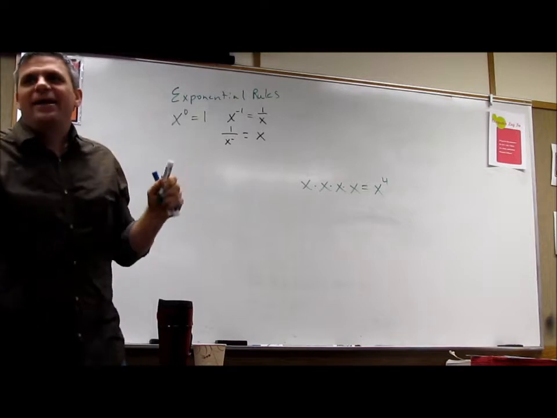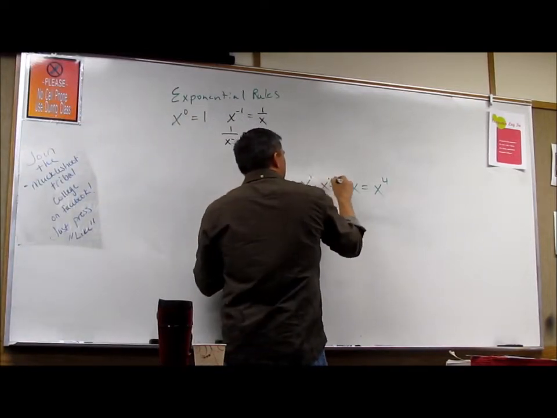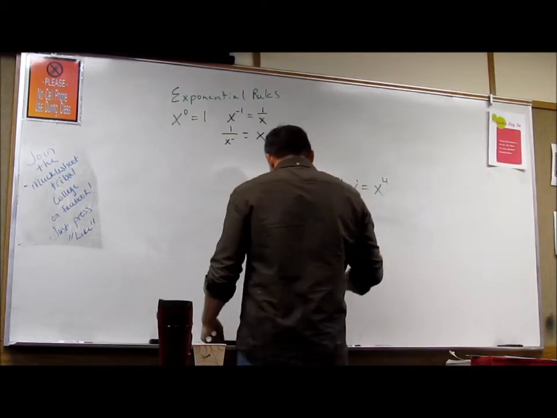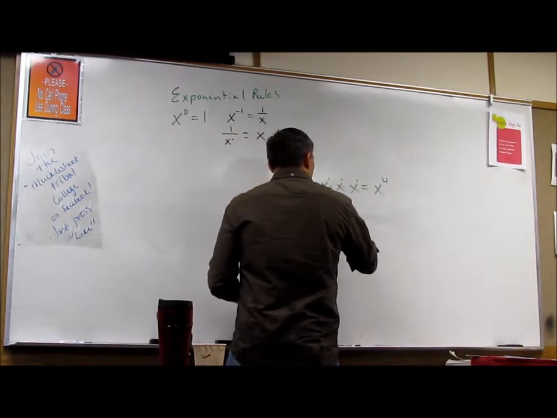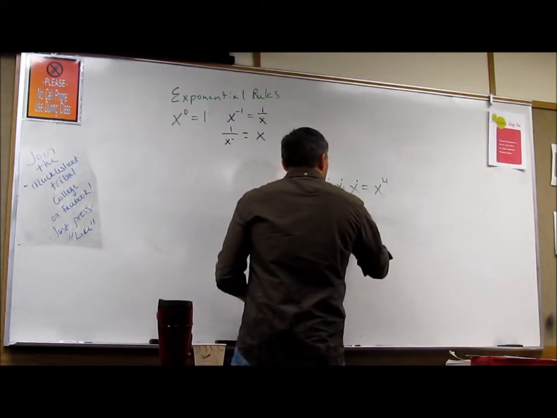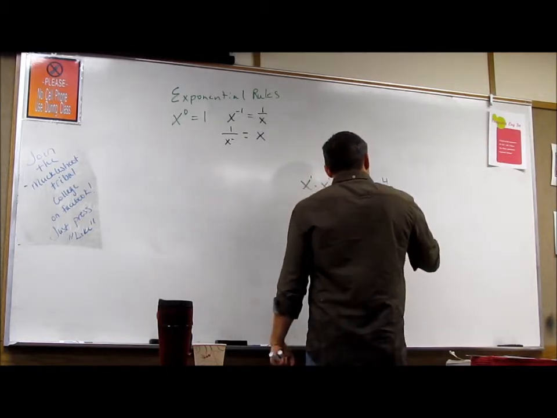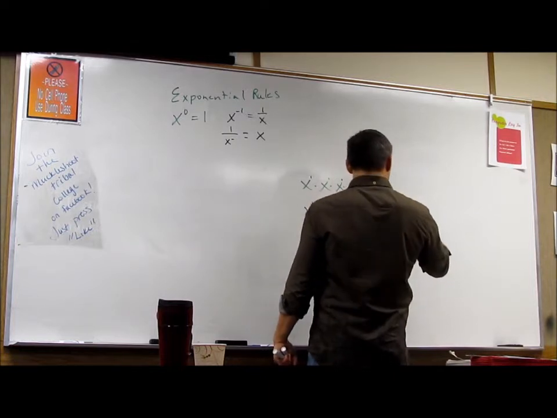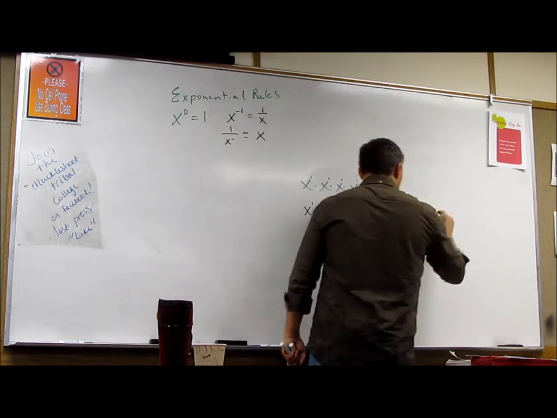But why? The reason is that each x is x to the 1. So if it's x to the 1 times x to the 1 times x to the 1 times x to the 1, it actually equals x to the 1 plus 1 plus 1 plus 1, which equals x to the fourth.